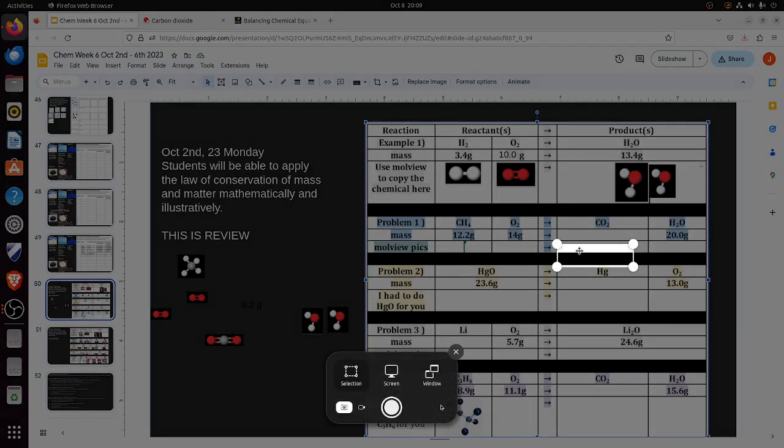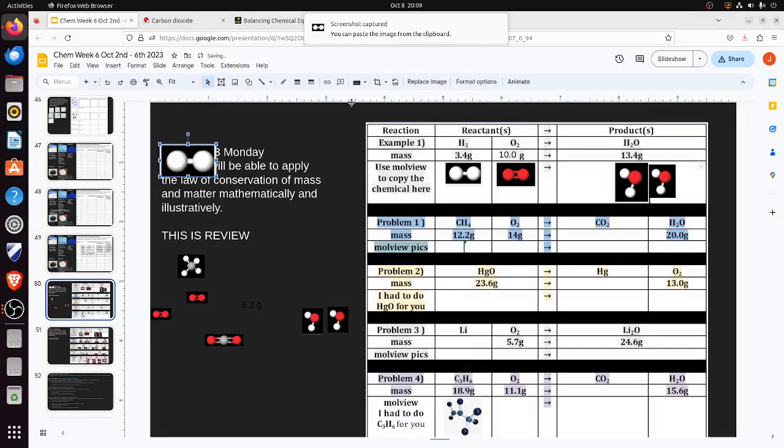So what I'm going to do is I'm going to print screen and copy this little guy to give me 4 hydrogen atoms coming into my chemical change and 4 coming out of my chemical change. And that's how you would do that.